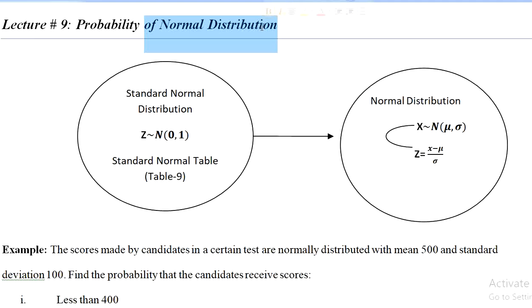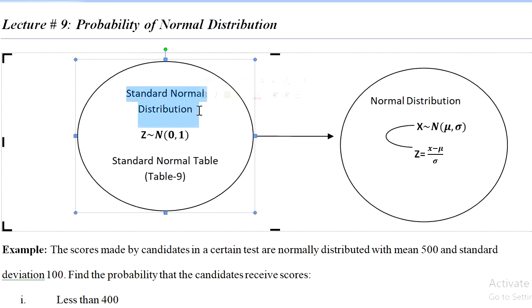As I have told you earlier, the difference between standard normal and normal: standard normal is a random variable z. It belongs to a random variable which is called standard normal random variable z that has mean 0 and standard deviation 1.